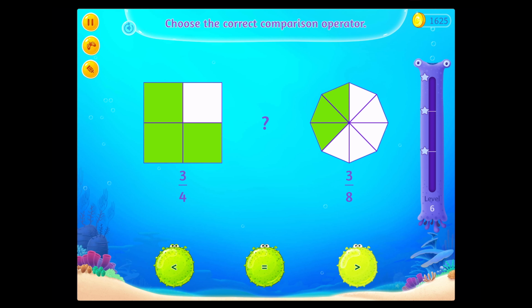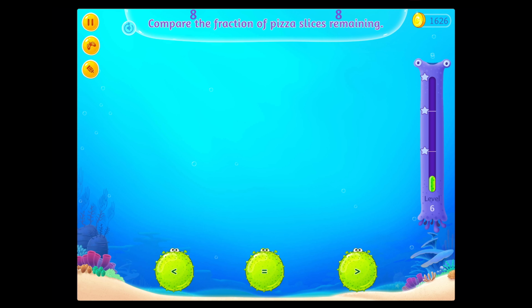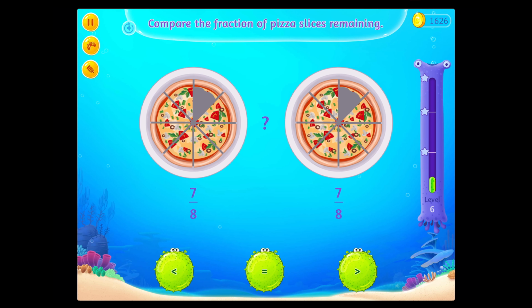Fabulous. Choose the correct comparison operator. You rock. Compare the fraction of pizza slices remaining. Awesome.